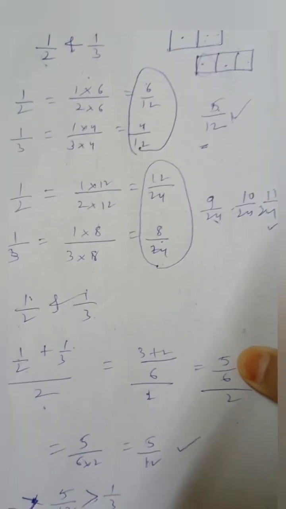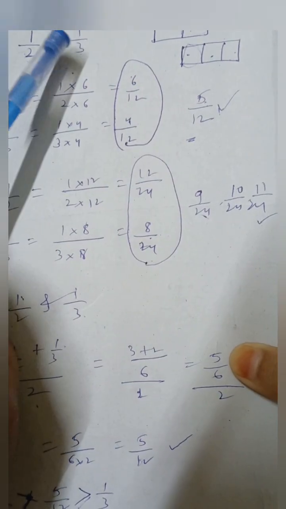Suppose a cake piece is given, if we make two parts, will each part be greater, or if that cake is divided into 3 parts, will each part be equal? No, with 2 parts, this part will be bigger than this. So 1 by 2 will be greater than 1 by 3. You should understand that concept.